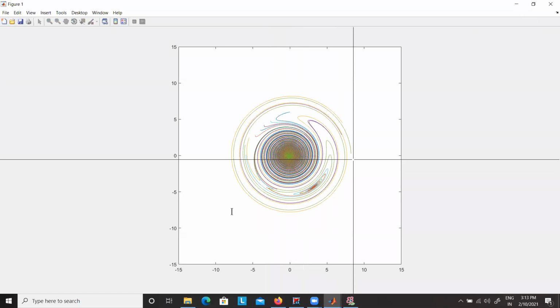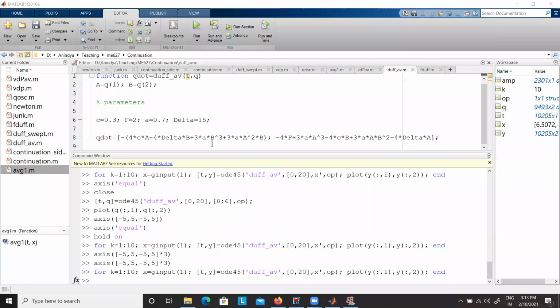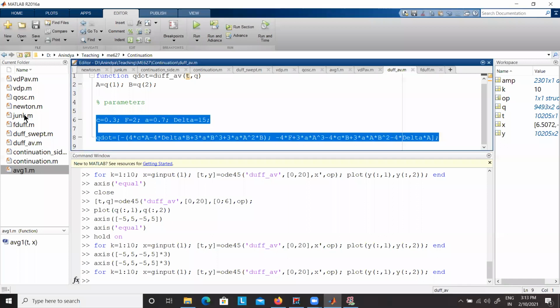Okay, let's do that. So for that, I just have to take these, go to junk, and do that.